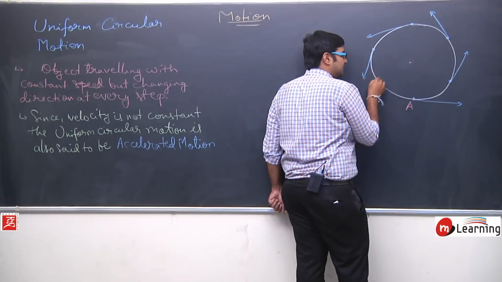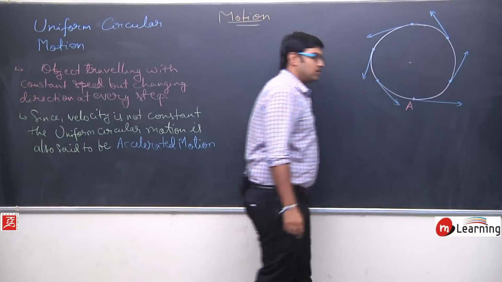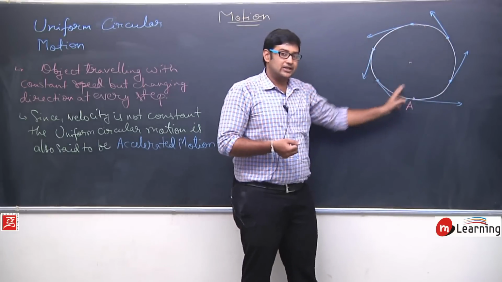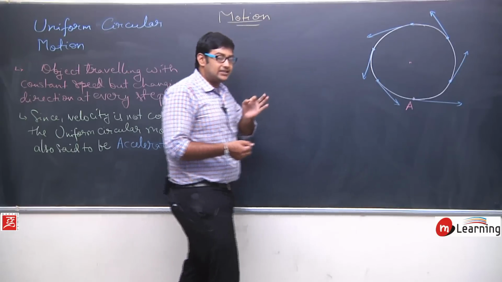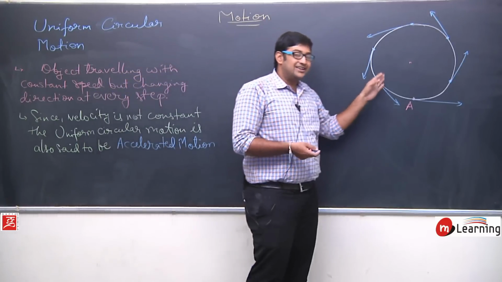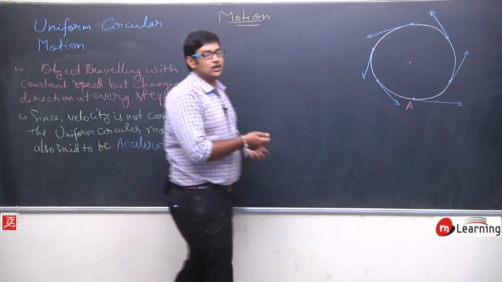So how can we write this particular thing technically? You can see, if I consider these directions, the direction of motion of the object is along the tangent to the circular path.